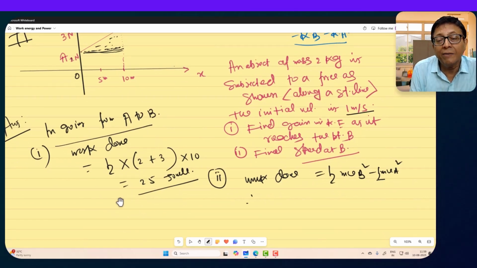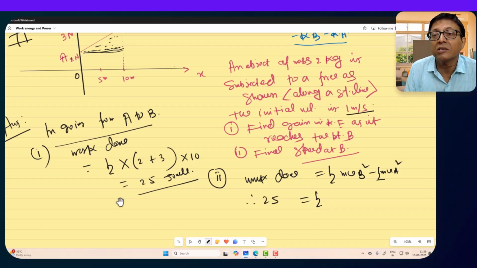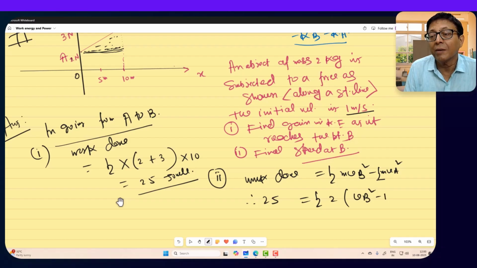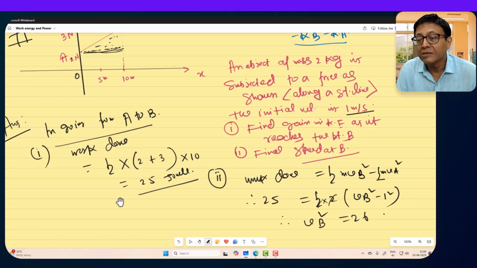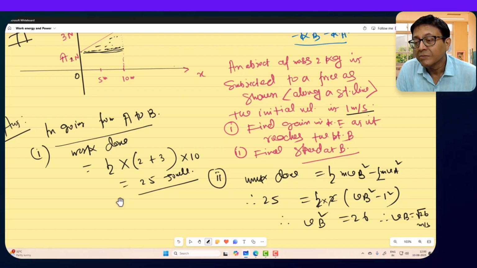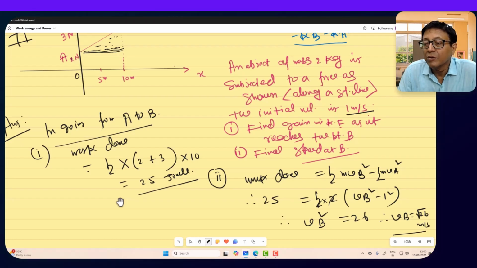So 25 equal to half into mass 2 kg into (Vb square minus 1 square). So these two get cancelled. Vb square is 26. So velocity at B will be under root 26 meter per second. Okay.